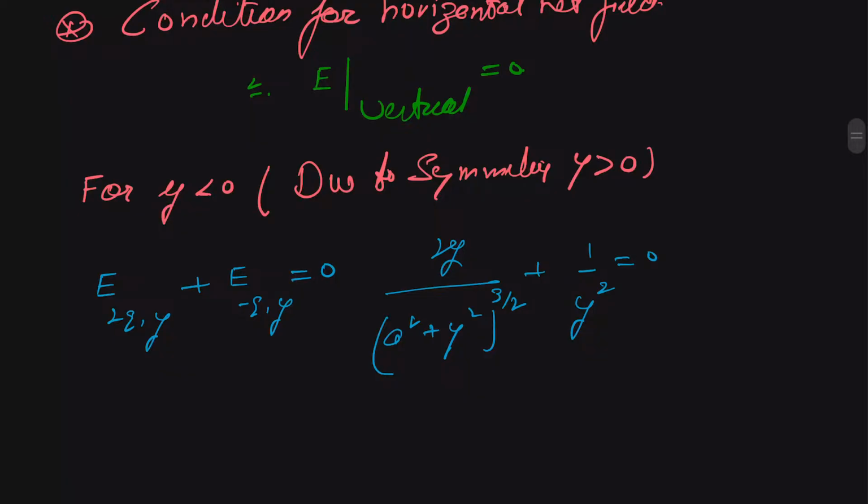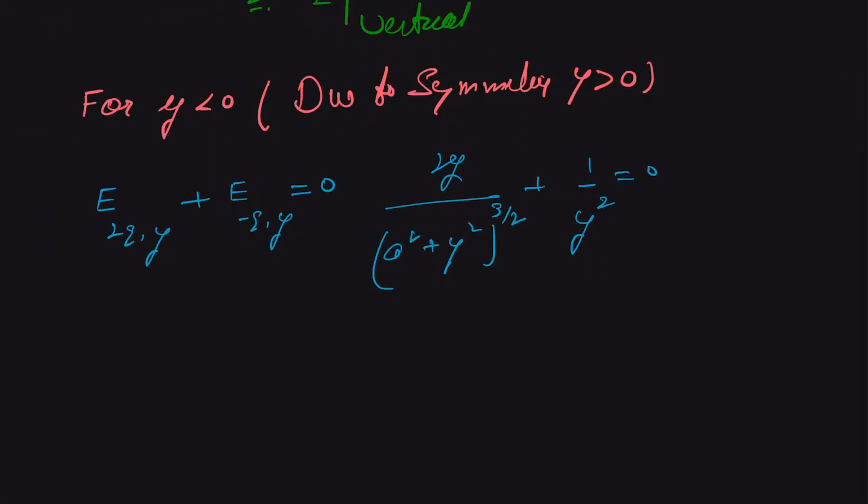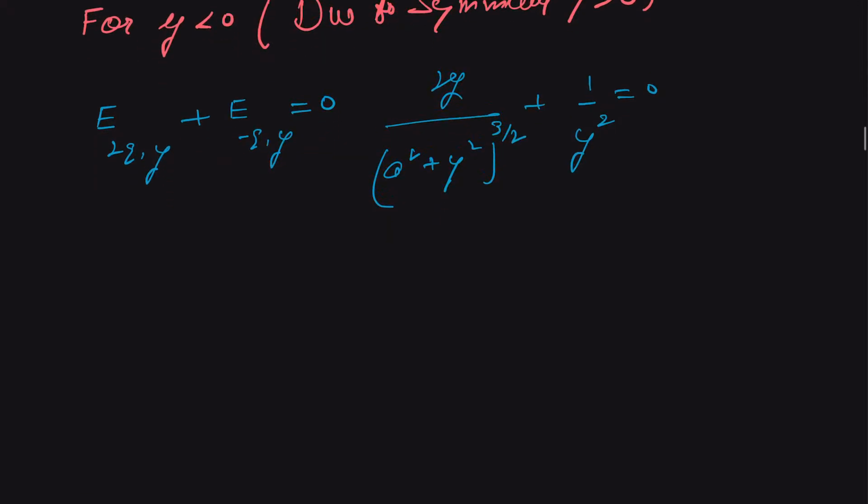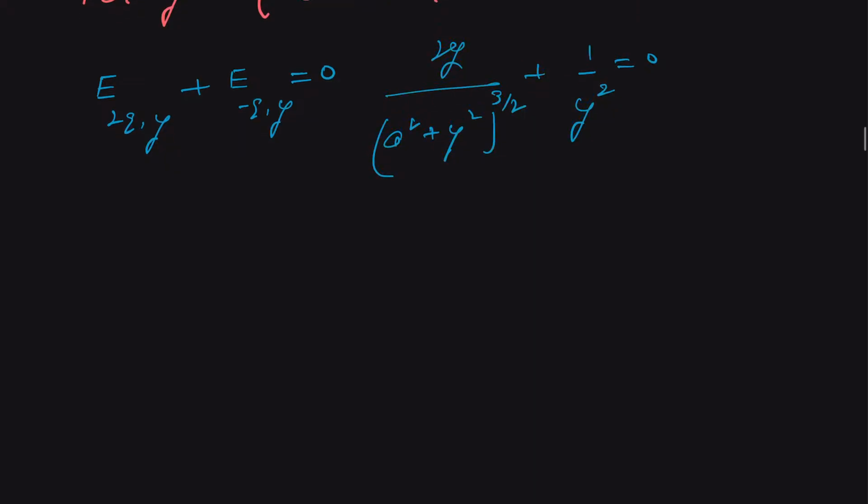Okay. And now it is quite a little bit tricky to solve, okay, but we can, because in the question it is asked to find out the answer approximately, not the exact one. So let us assume that our y is equal to minus of z, where z is greater than 0.